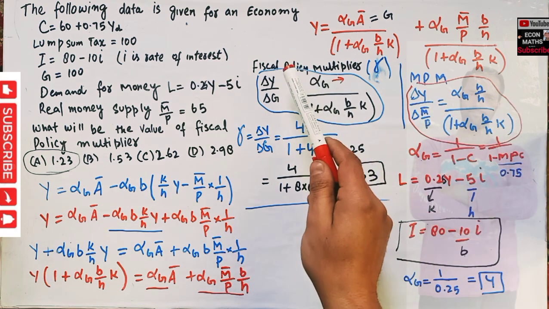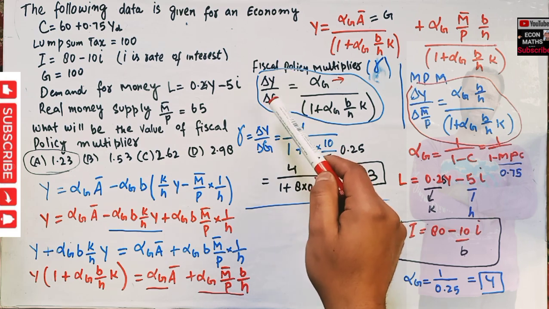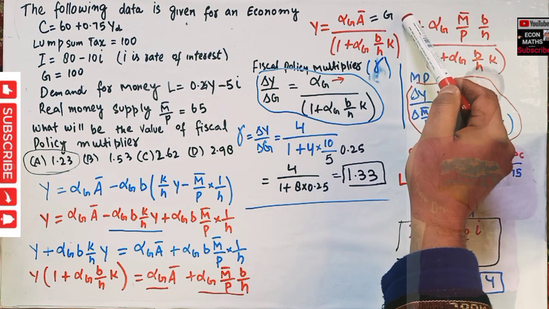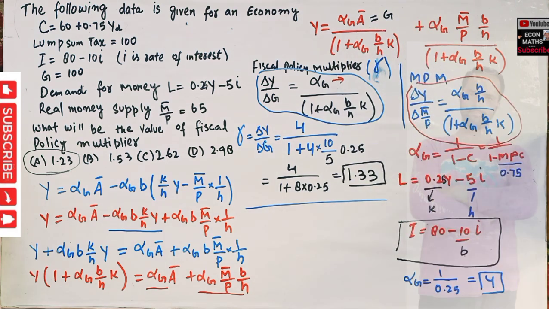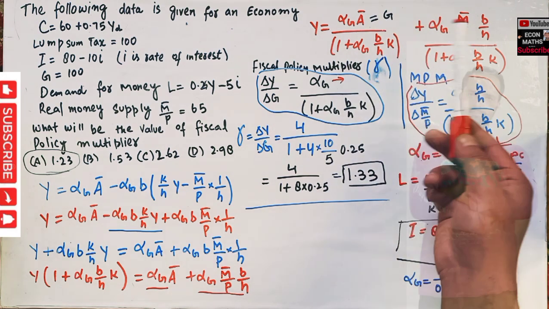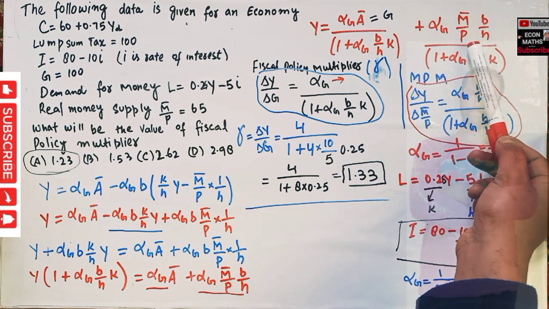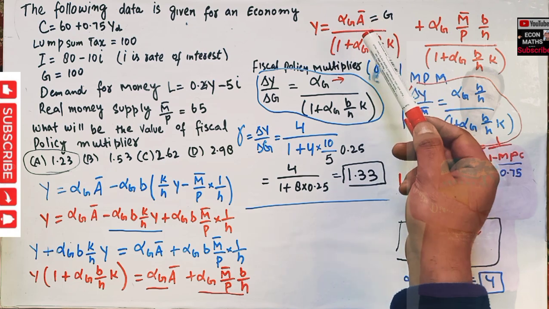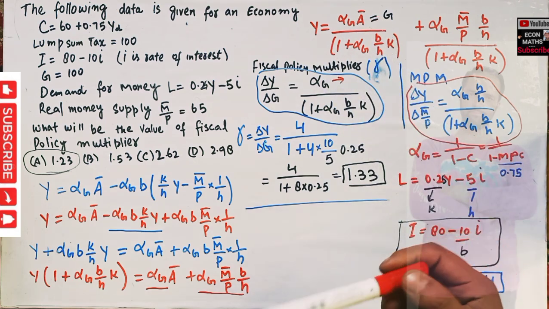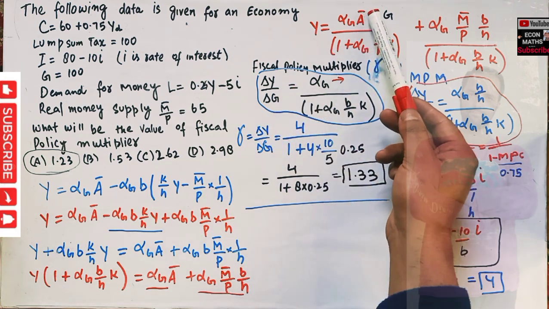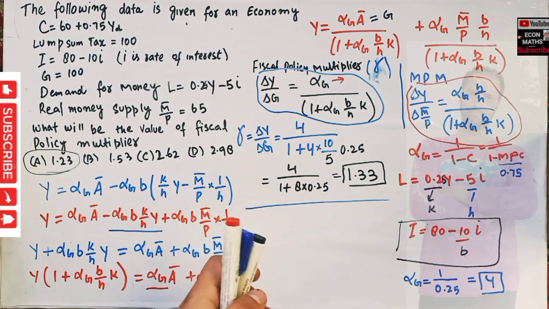How much our income changes when there is a change in government expenditure is given by this. This a bar is synonymous with government expenditure, because we have no other choice variable here except money supply. By fiscal policy multiplier we mean the change in the level of GDP when there is a change in government expenditure. So these are the autonomous terms here. This is how I calculated it.